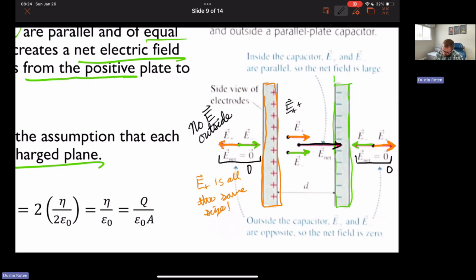Only on the inside do you have two electric fields of the same strength pointing in the same direction. So that means you just get two of these pointing in the same direction inside, in between the plates. So from one E to the other, you get double E inside the plate.